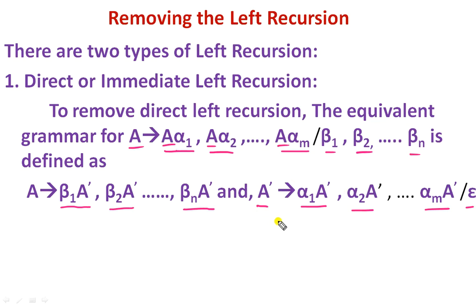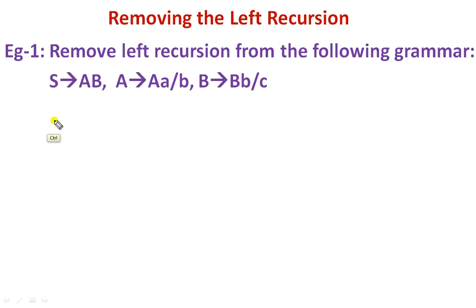Now let us see one example and how to eliminate the left recursion. Remove the left recursion from the following grammar. S generates AB, A generates AA or B, B generates BB or C. The first production rule is S generates AB. There is no left recursion at all in this particular production.